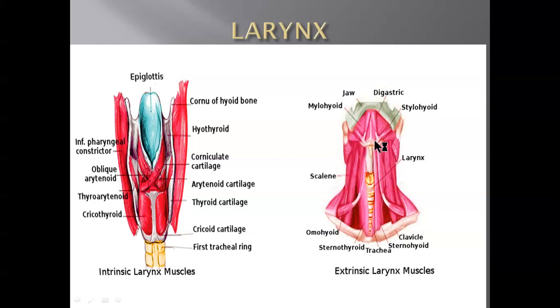Further dividing them, the extrinsic muscles can be divided into the suprahyoid and the infrahyoid. Suprahyoid muscles are over here: mylohyoid, stylohyoid, digastric muscles, and infrahyoid we can have sternothyroid, sternohyoid, all these muscles. The infrahyoid are also known as your strap muscles.